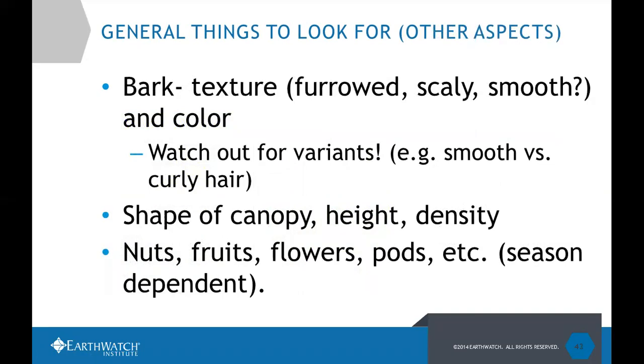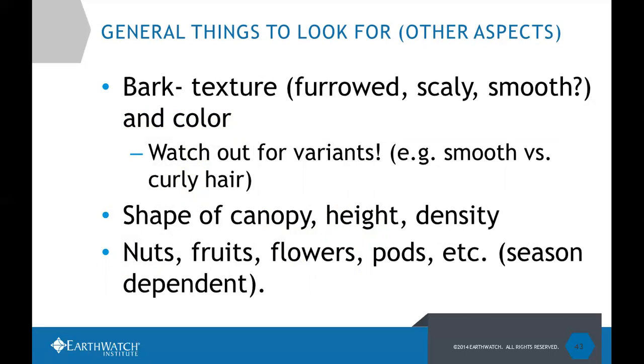So for example, a person might have smooth hair, and then their sister will have curly hair. That doesn't mean that they're different species or not related, it's just something to keep in mind. So we'll say in the tree key ID whether it's the only bark of its type or whether it's just a general recommendation on what it looks like.